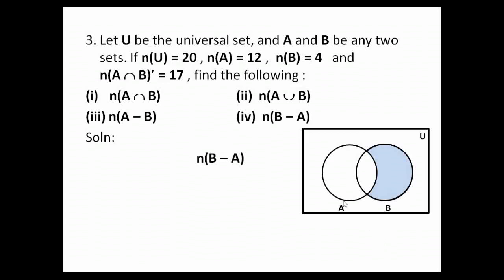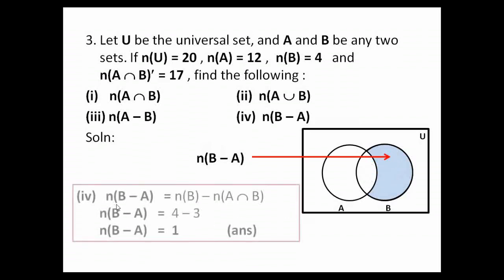B minus A. Now n(B minus A) means the elements that are present only in B and are not present in A. So excluding this part, the entire n(B) is how much? 4, and the intersection part is 3. So we can subtract the intersection part from the entire B. So we can say n(B minus A) is equal to n(B) minus n(A intersection B).